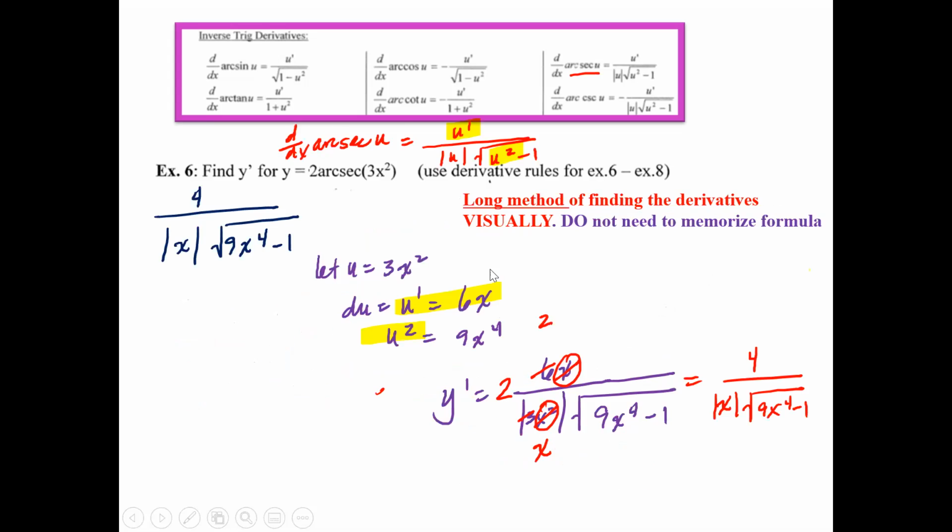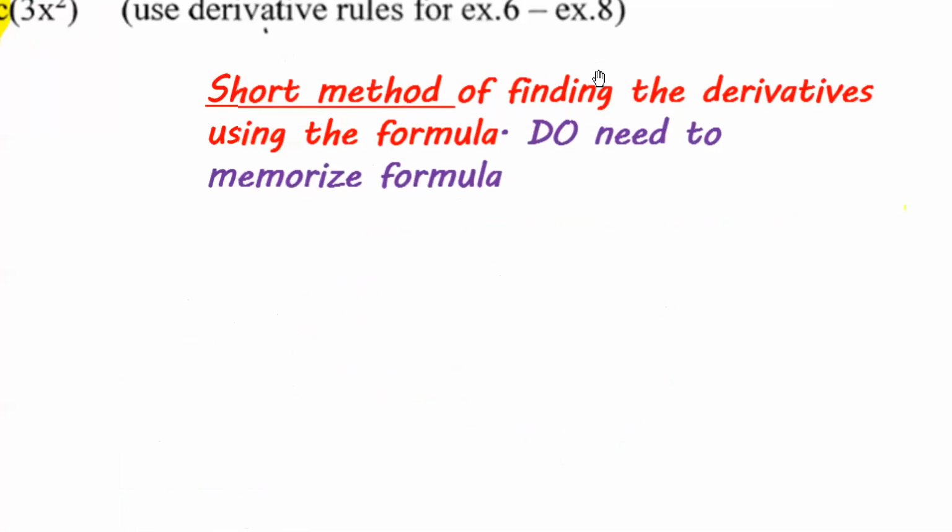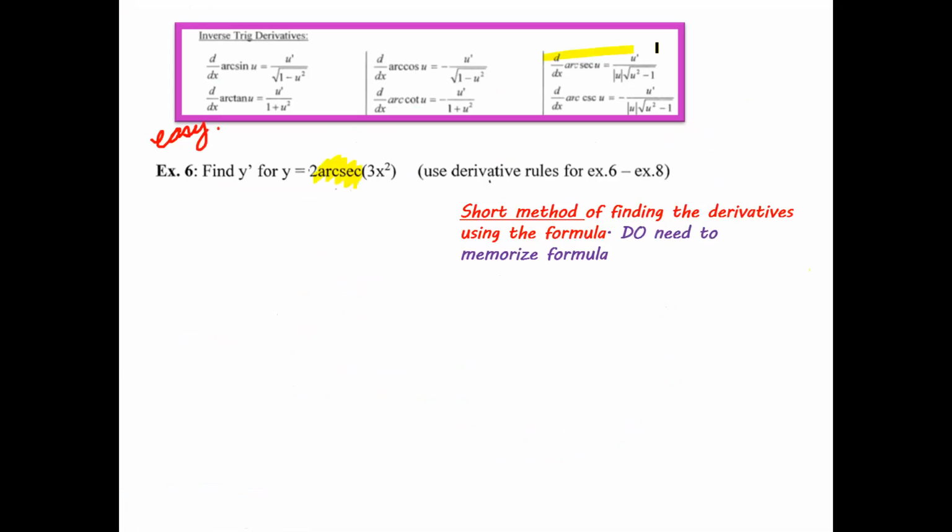So in which case, you could try to do the easier method, which is to go ahead and memorize the formula. So here it's an arc secant, and so let's find it. Your arc secant is me using this formula right here. And you will need to have a u prime in addition to a u squared.